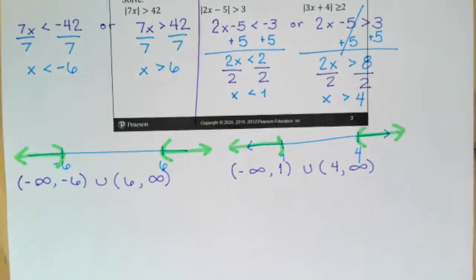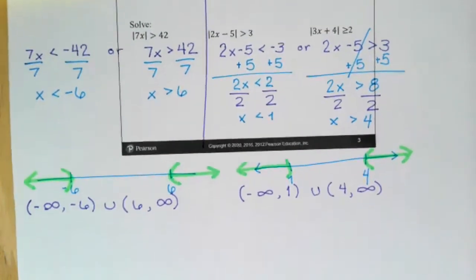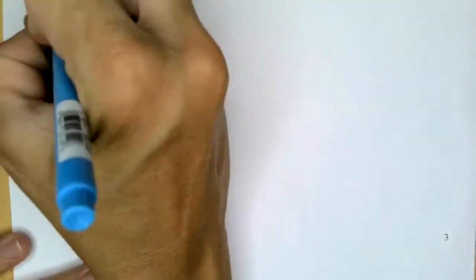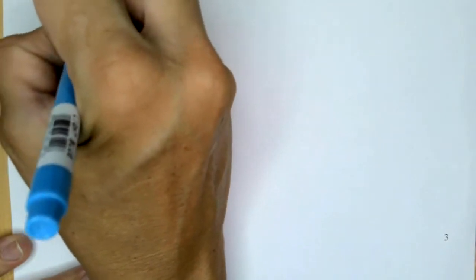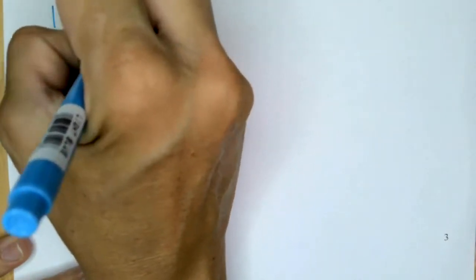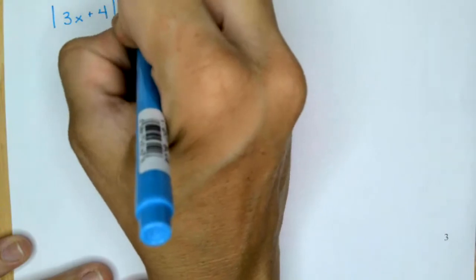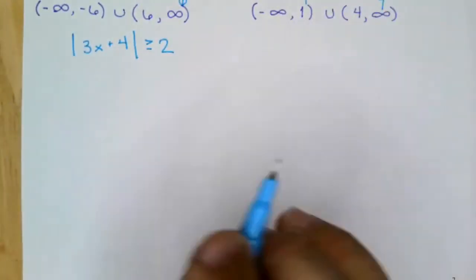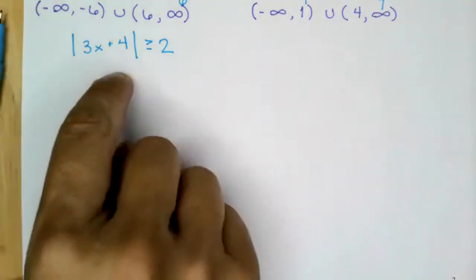All right. Last one is the absolute value of 3x plus 4 is greater than or equal to 2. So that's already isolated.